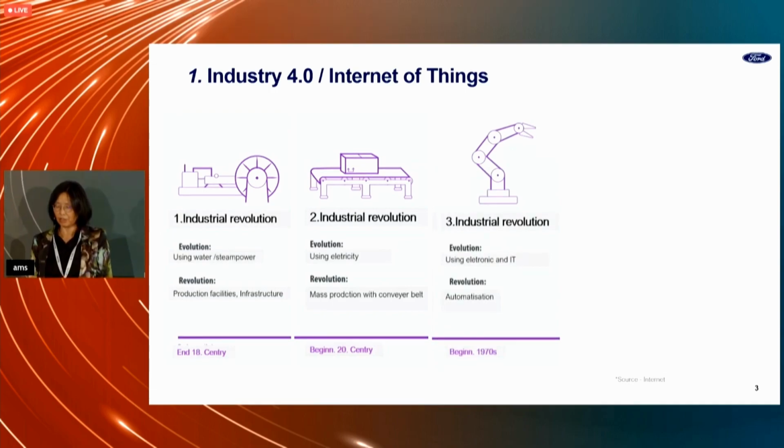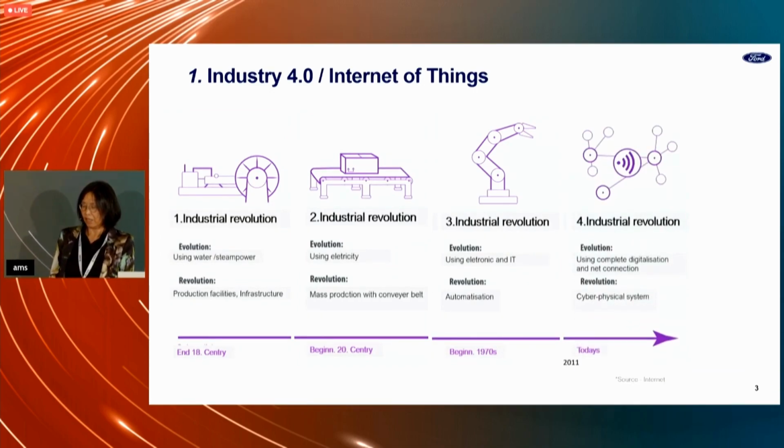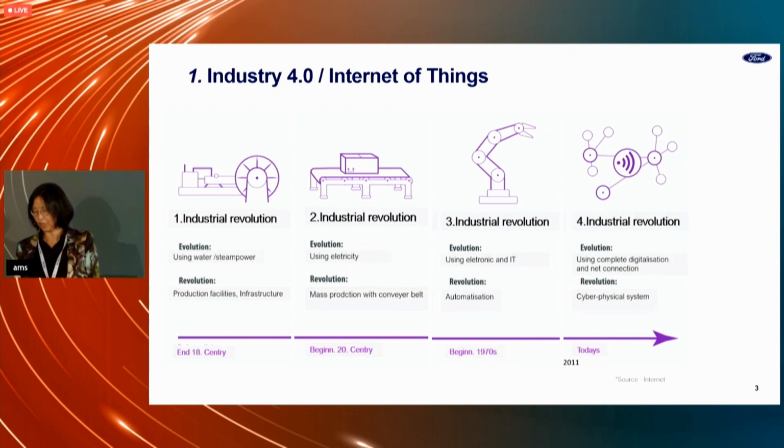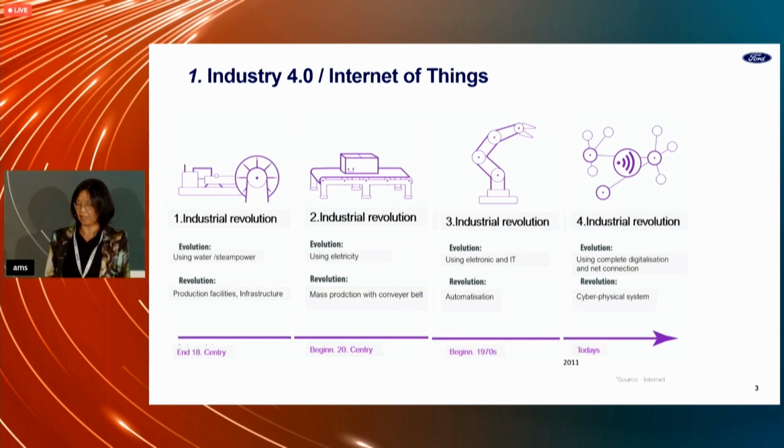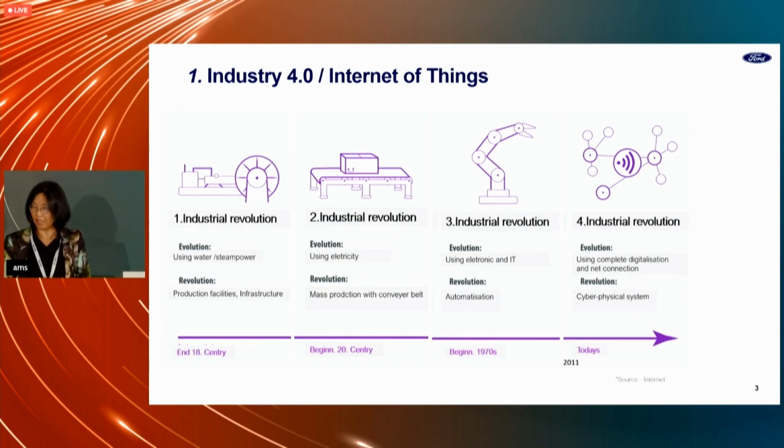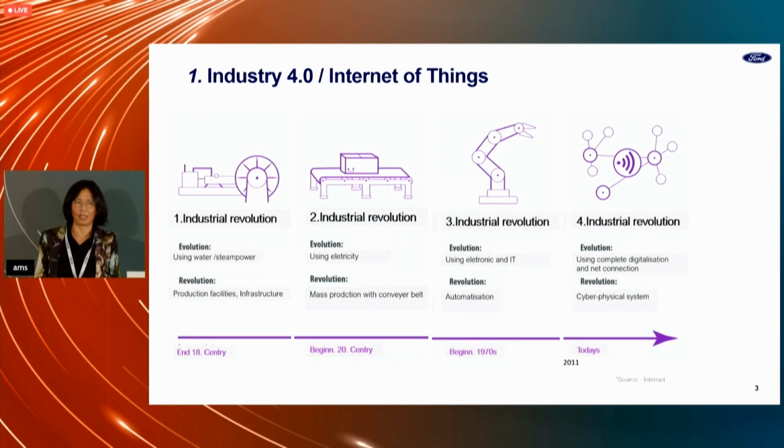And the third industrial revolution is automation using electronic and IT systems. Industry 4.0 is the cyber-physical system using the completion of digitalization and internet connection. Here, cyber means internet, and physical system means things. So a lot of people speak about the Internet of Things.